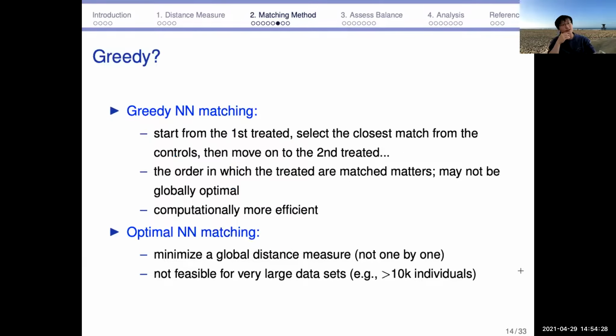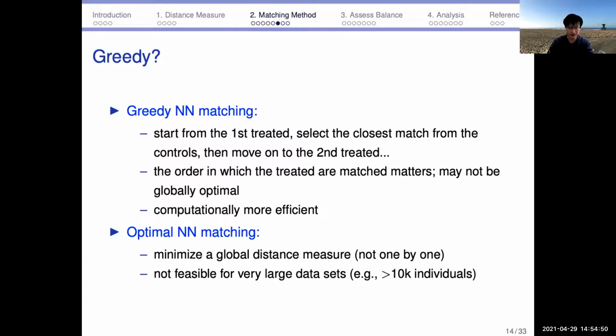Okay, so now the third consideration is, do we use a greedy algorithm or do we use some different algorithm? So what is a greedy algorithm? In this nearest neighbor matching example, a greedy algorithm is that you order the treated somehow.